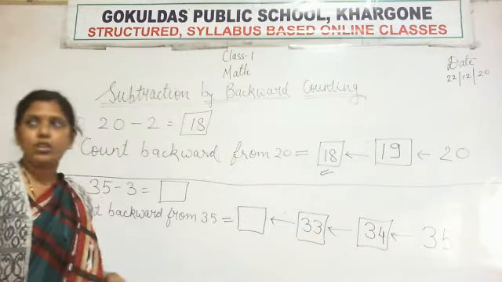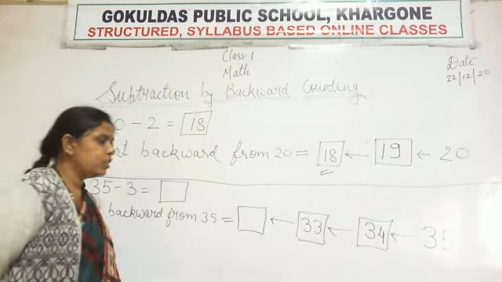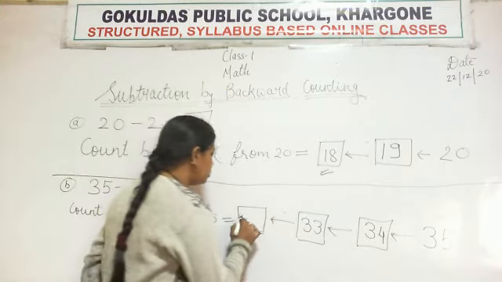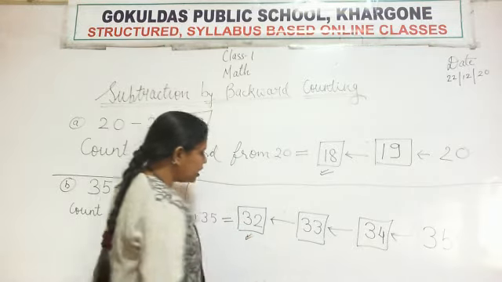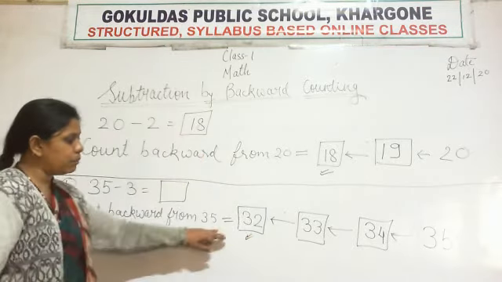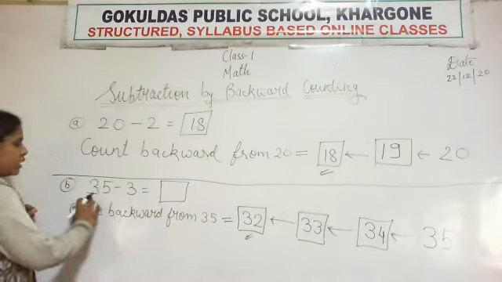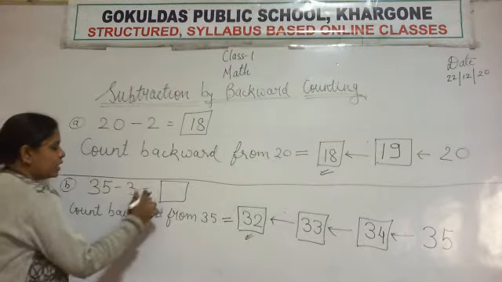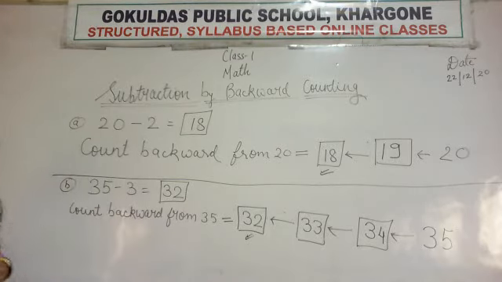Now the last box remains. Which number will come before 33? 32. So write here 32. So the number written inside the last box is 32. That means 35 minus 3 will be 32. So our answer is 32. Write fast.